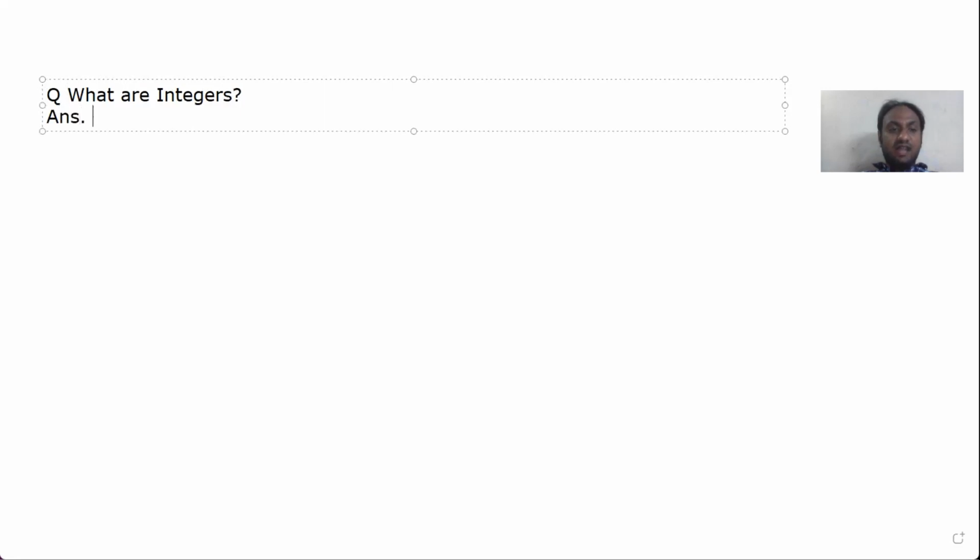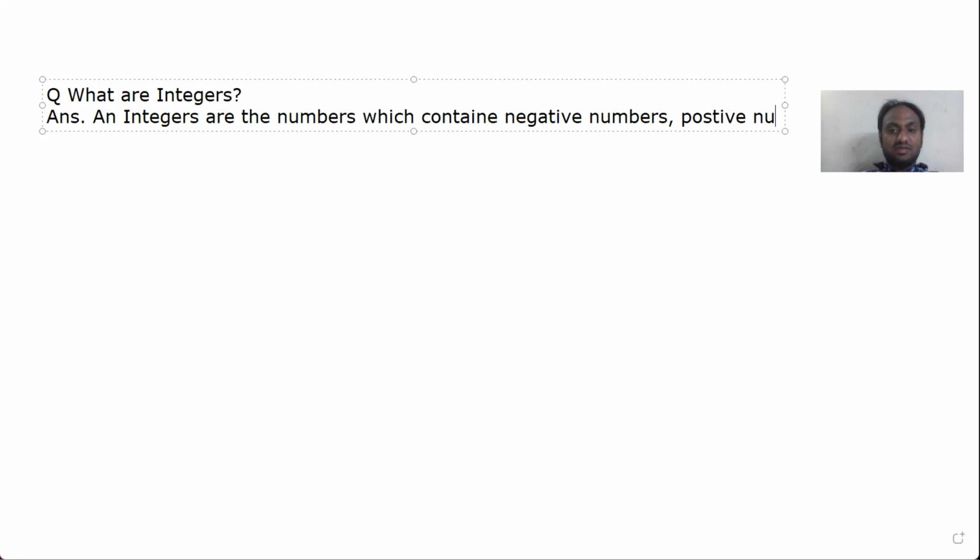Integers are the numbers which contain negative numbers, positive numbers, and 0.